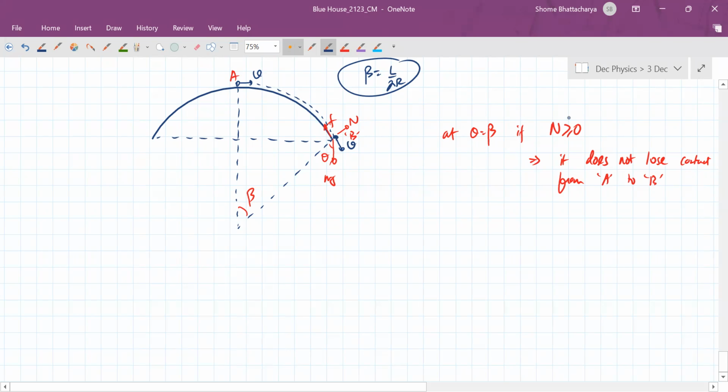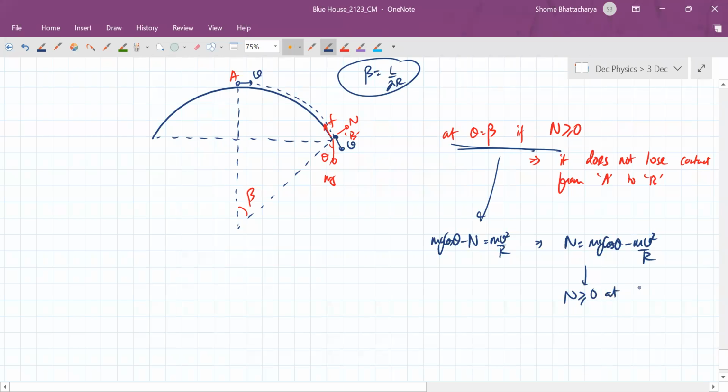So the condition for this to happen is that n should be greater than equal to 0 at theta equal to beta.